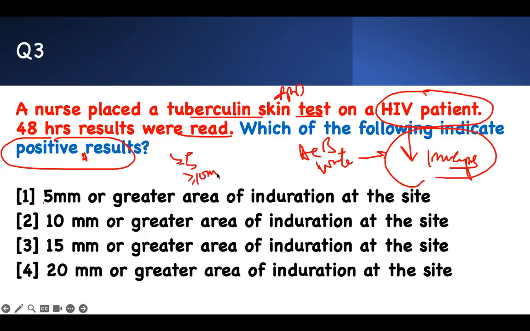A normal person who is very, very low risk, greater than or equal to 15 millimeters. We don't have anything at 20. So this is normal, this is healthcare workers, and this is people who are immunocompromised, like HIV. So 5 is the right answer. Number 1.